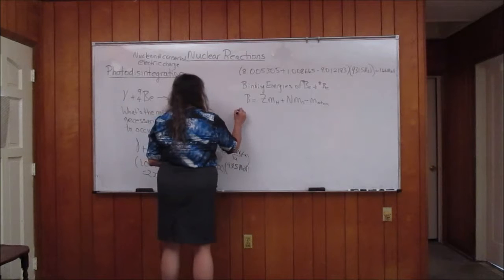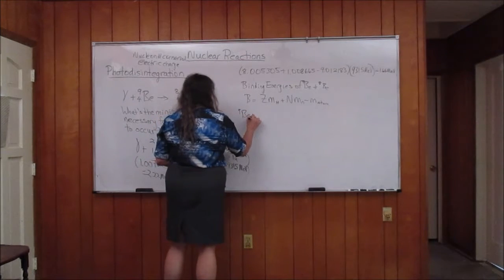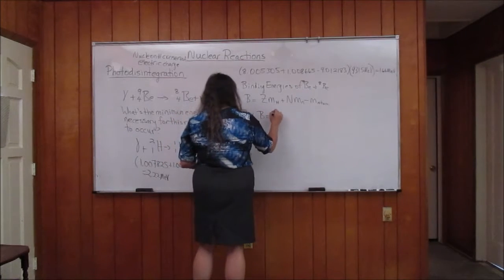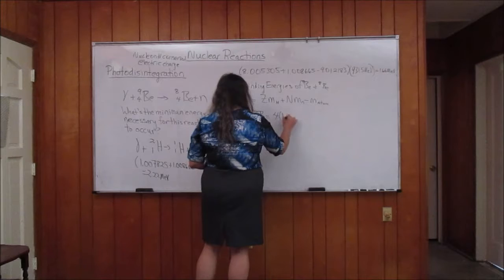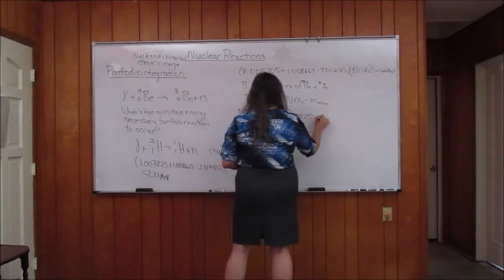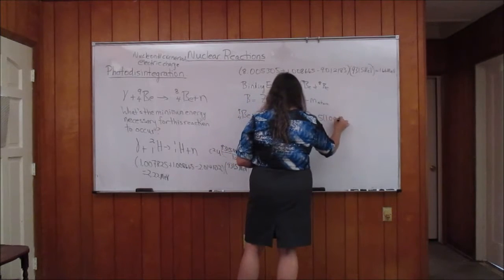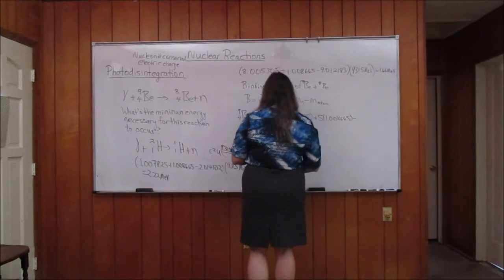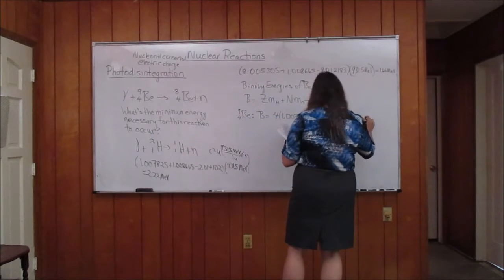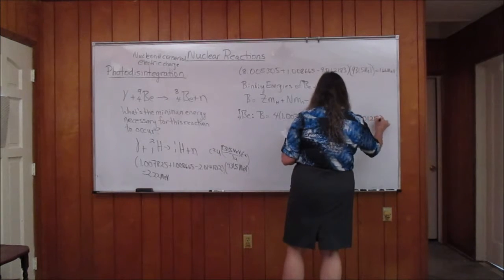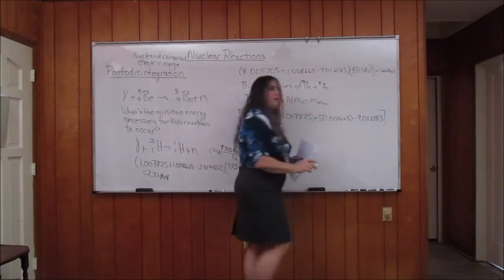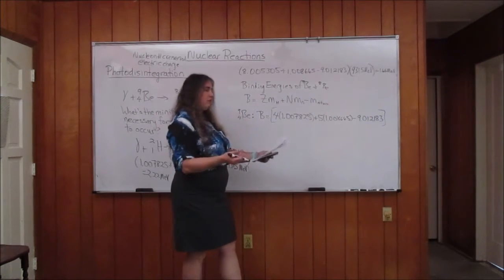So in the case of beryllium-9, and again, these are all in atomic mass units times c squared.